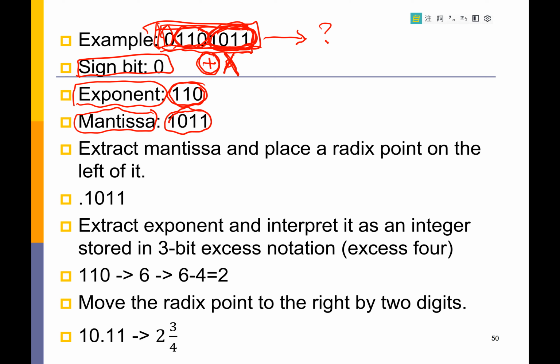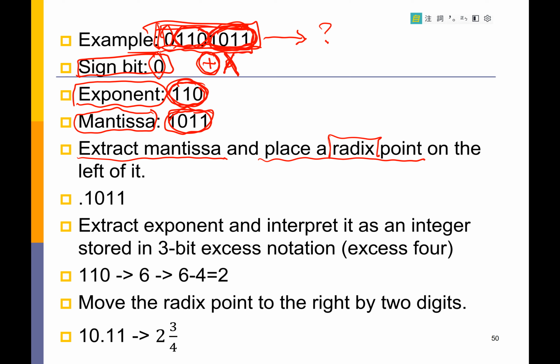What we do is just separate this bit pattern into 3 parts. First part, sign bit. Second part, exponent. Third part, Mantissa. Now, we extract the Mantissa part and place a radical point.